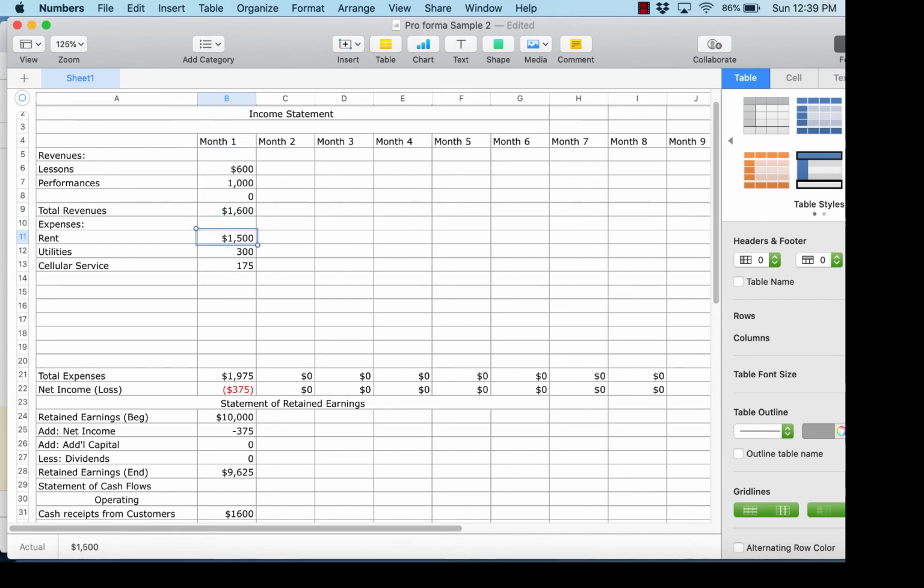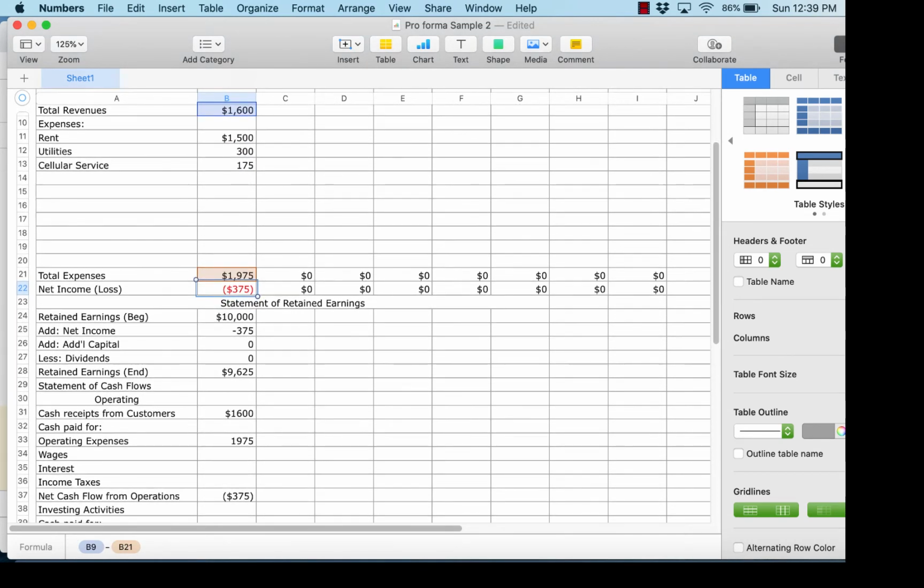Our expenses, so we have some rent, some utilities, and our cellular service. Going down, we see that we have $1,900 in total expenses, which gives us a net loss of $375. Remember that we had our $10,000 in capital to start the business, so that starts our retained earnings. We add in our net income, which was negative $375.